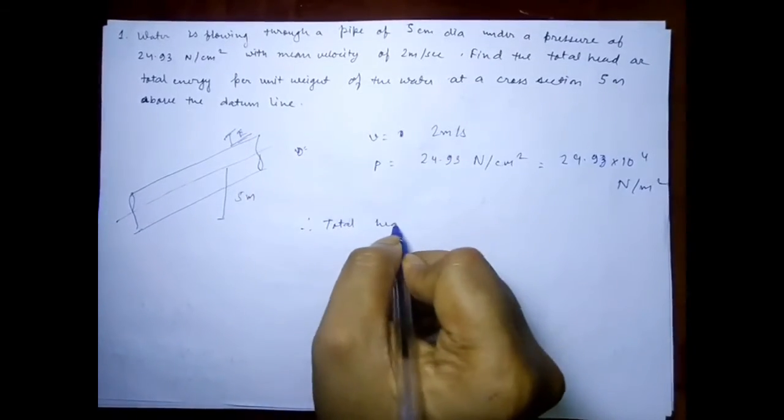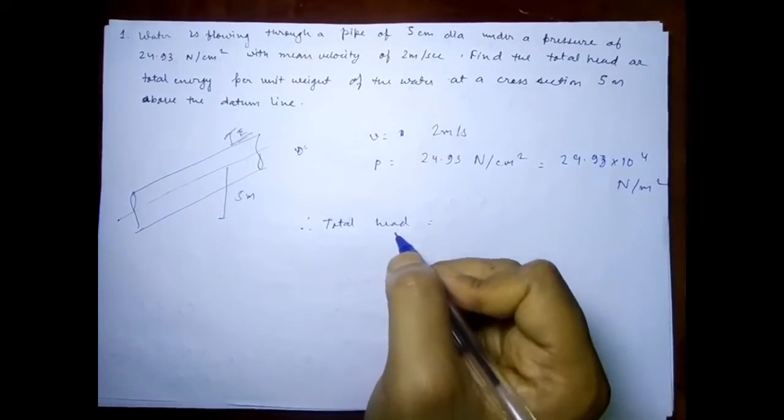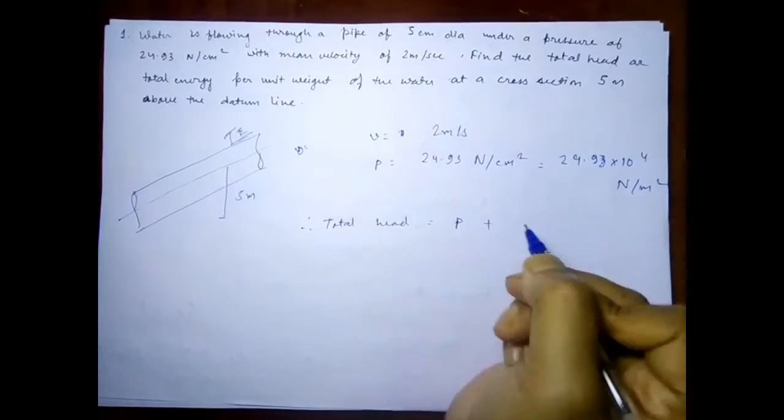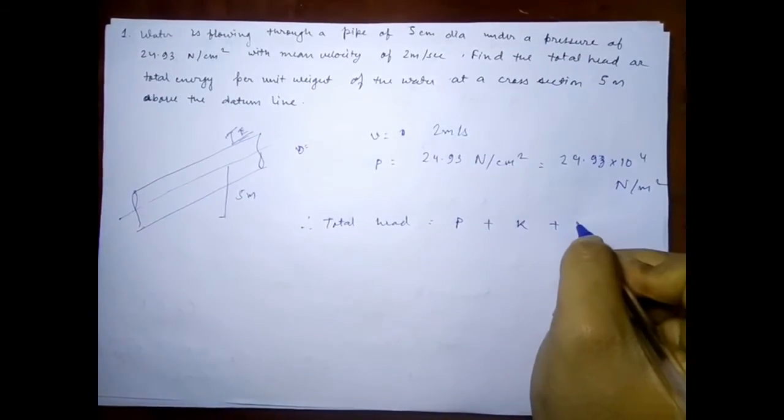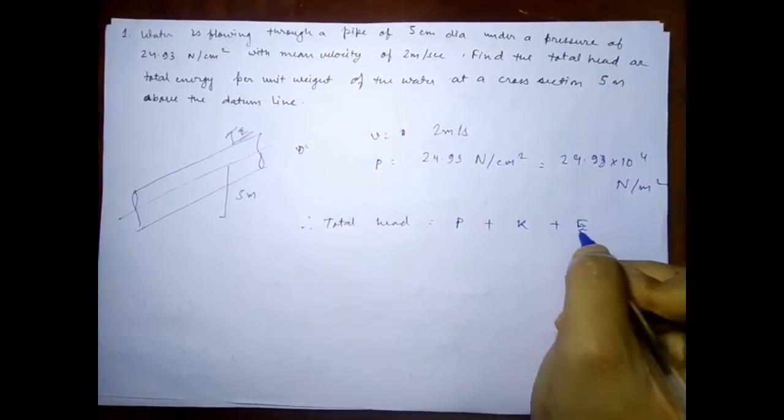Now therefore the total head is equal to pressure head plus kinetic head plus the elevation head or the datum head.